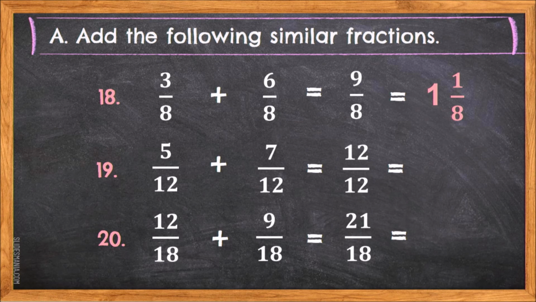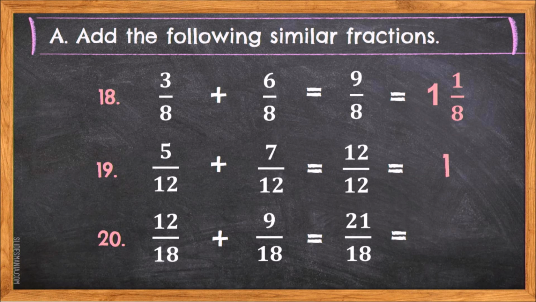Next, number 19, 5/12 plus 7/12 is equal to 12/12. Okay? As you can see here, kids, both numerator and denominator are the same. So this one is equivalent to 1 whole. Very good, grade 3.